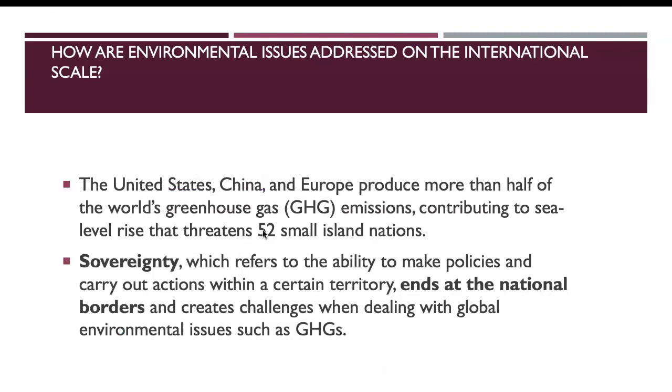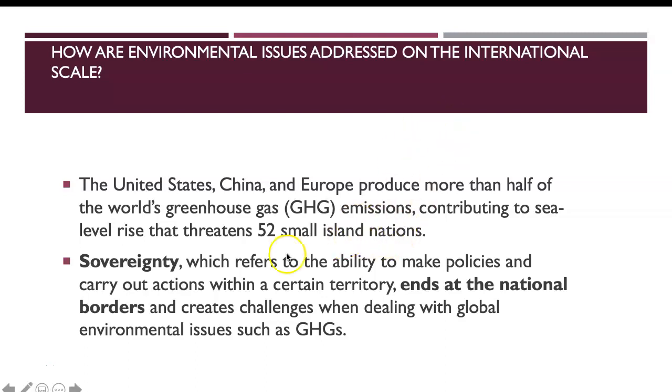The last part is how to address environmental issues on the international scale. The United States, China, and Europe produce more than half of the greenhouse gas emissions, contributing to sea level rise that threatens 52 small island nations.